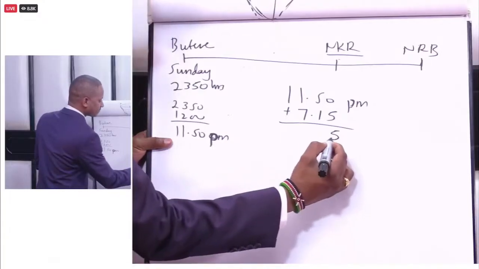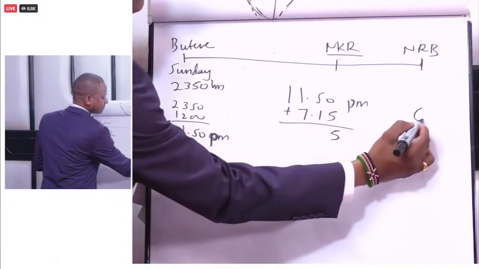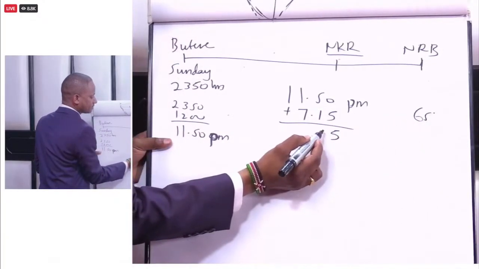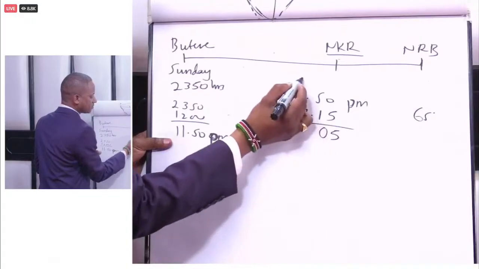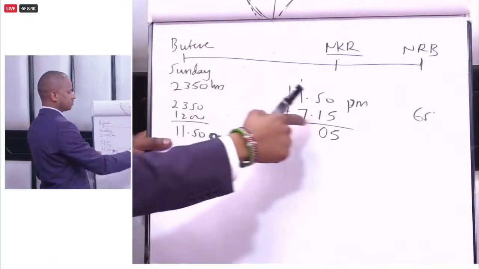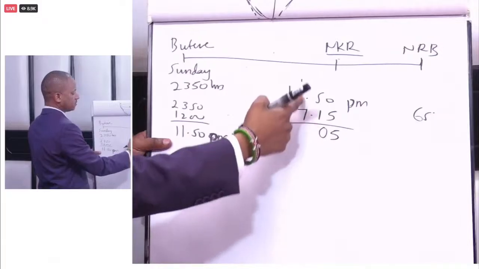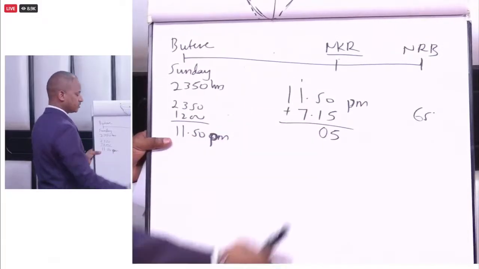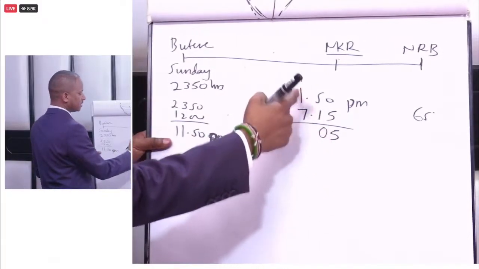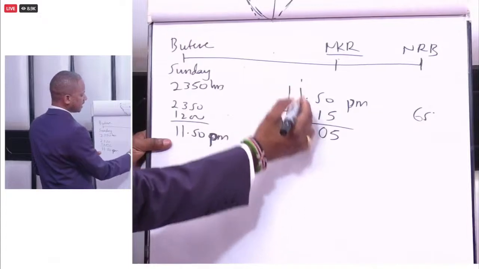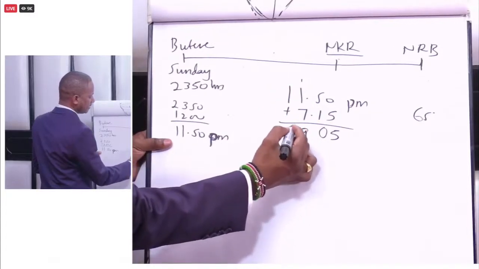You will get 5, 6. This is 65 minutes. You write 0, you carry 1 hour so that you deal with minutes on their own and hours on their own. So it is 65. So here is 0, carry 1. This is 8, 9. This is 9, 1.